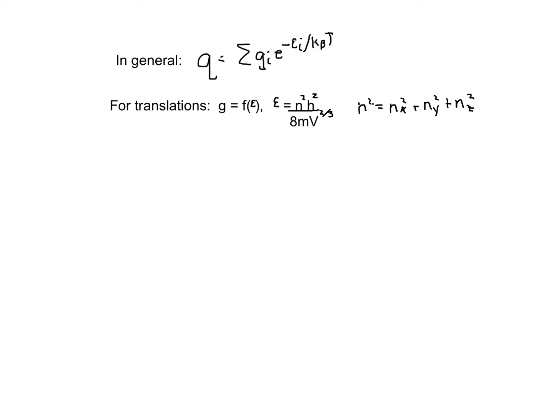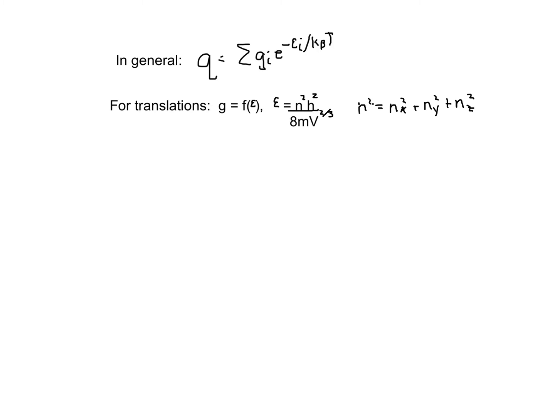And the degeneracy comes from the fact that different combinations of nx, ny, and nz will all lead to the same n squared. So if we simply do a triple sum over each individual nx, ny, and nz quantum number, we will naturally sum over all possible states and all possible combinations, so we can ignore the degeneracy if we do this.